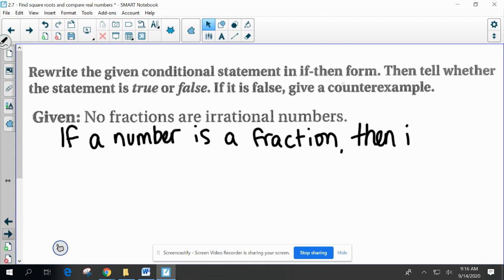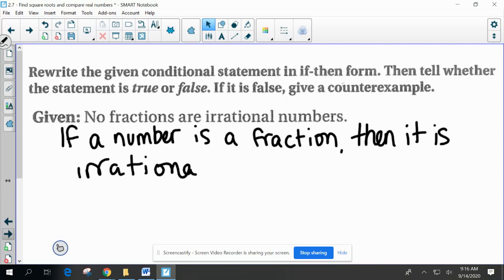Then it is irrational. Okay, so then we need to decide, is that true or false? That's basically saying every number that's a fraction is irrational. Is that true or false?